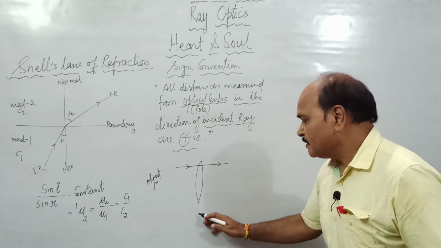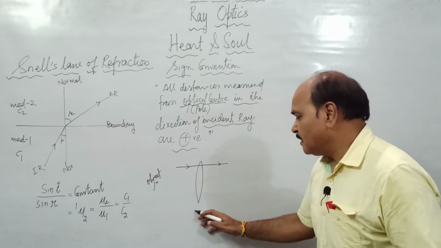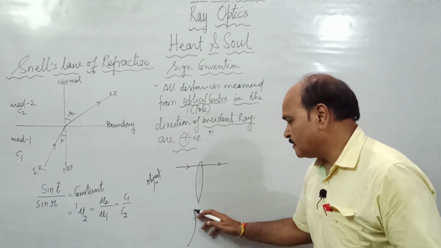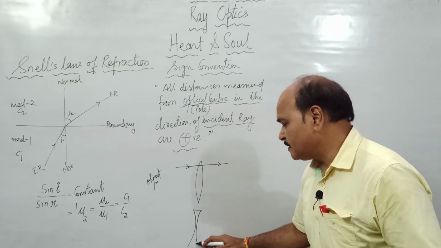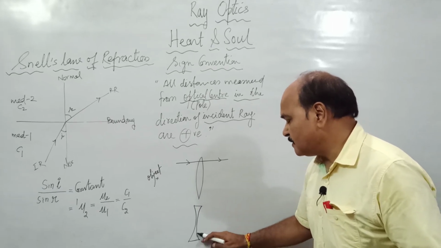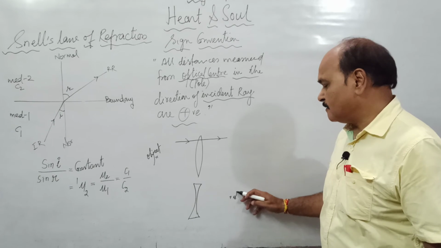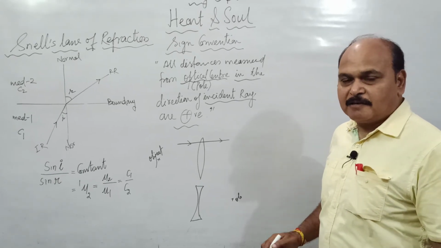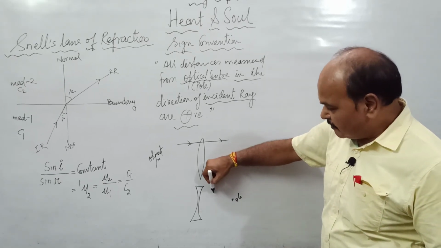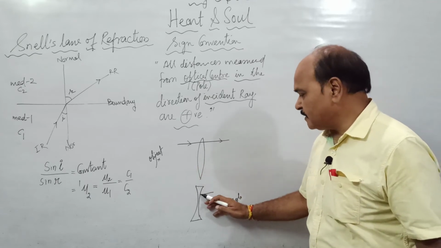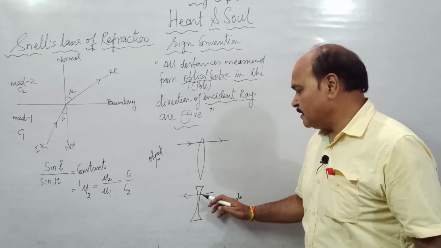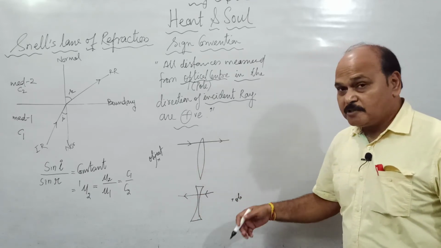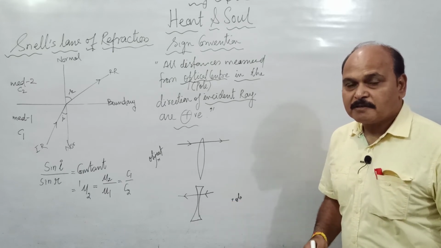If we have another optical device, say, and we place an object here, what is the direction of incident ray? Direction of incident ray would be from right to left. See, it depends upon the position where we place the object.